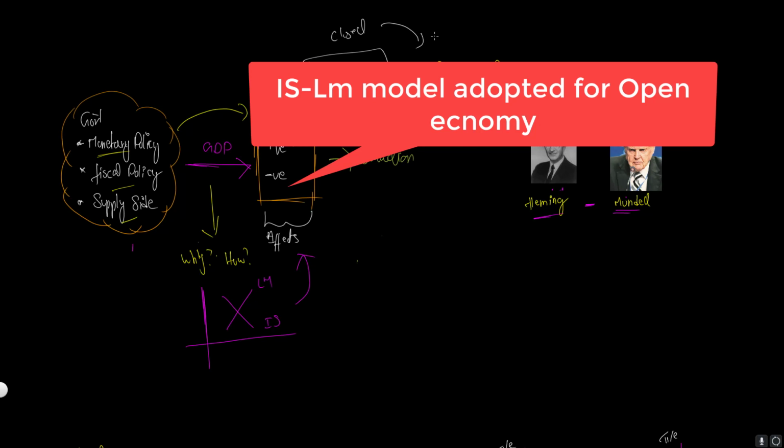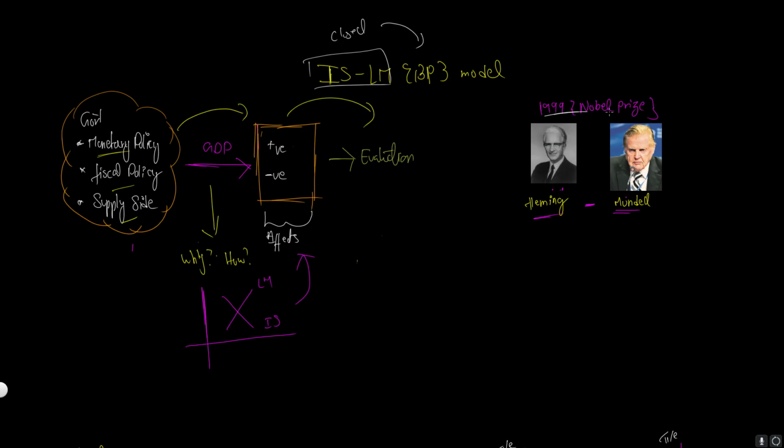For this analysis they won a Nobel Prize in 1999. With that precursor, let's understand how we derive the IS curve and the LM curve in the open economy using the Mundell-Fleming model.